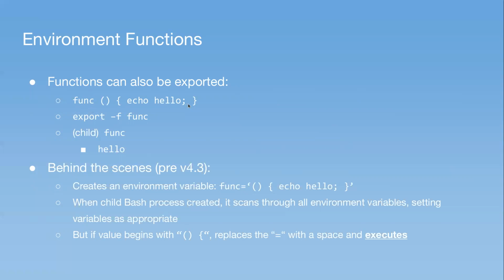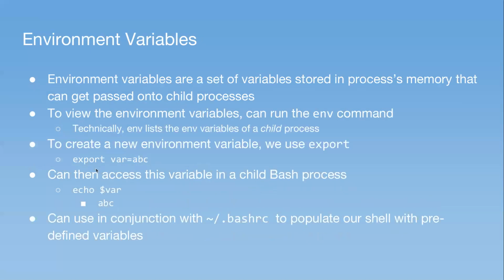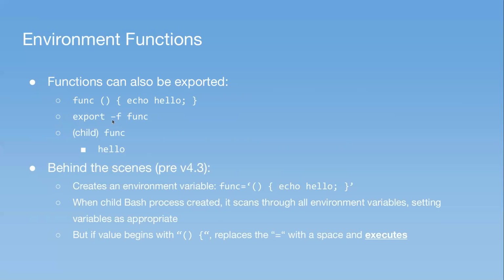It just prints hello, and we can export this function and essentially create an environment function out of it. You would type in export -f func. Unlike the previous case where we just put in export, now we have to add in this -f option. Once we do that, if we open up a child process and just type in the function name, it works as before. It's as if we've imported the function from the parent process.